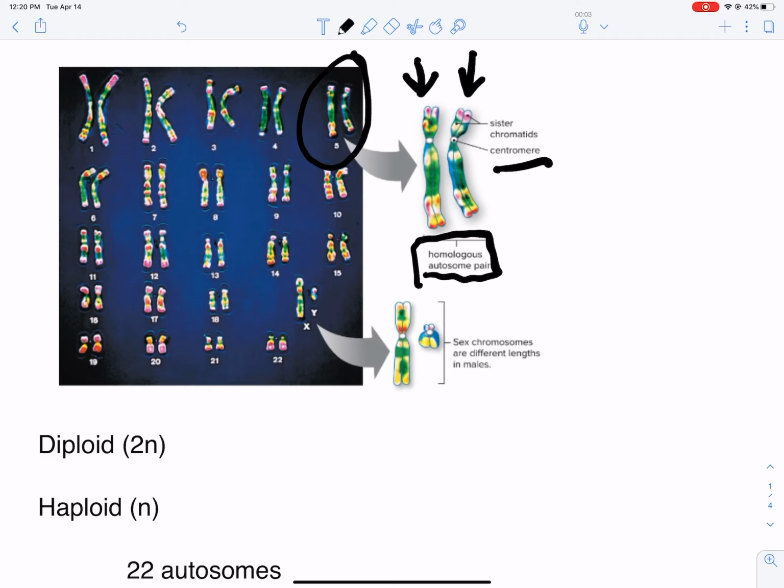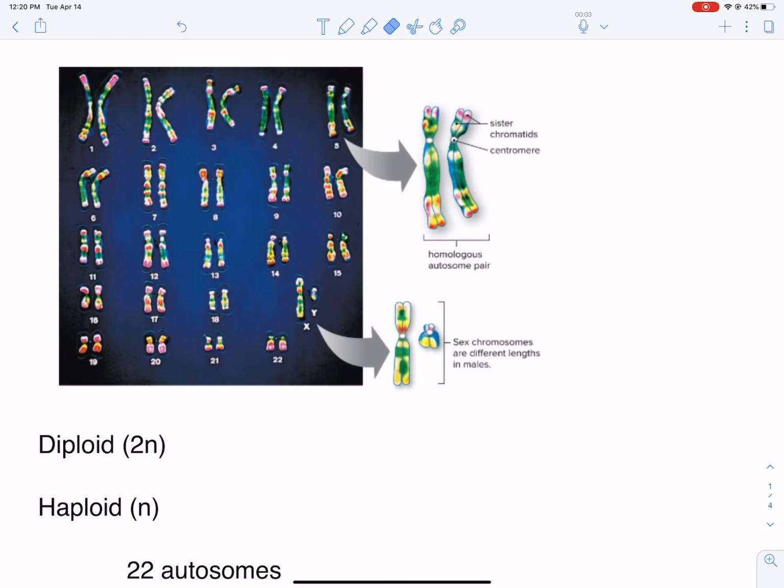When do they take this picture for the karyotype? After the S phase in mitosis. So when they take this picture, we will have what are called sister chromatids. Let's say this is the chromosome that I have from my dad.